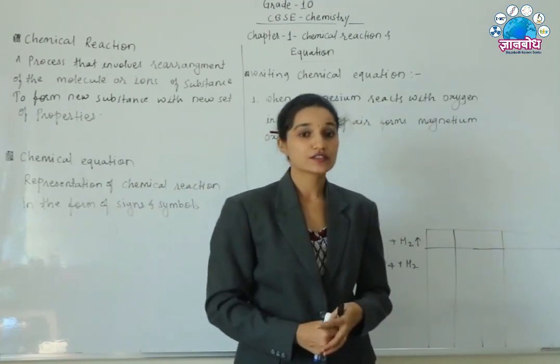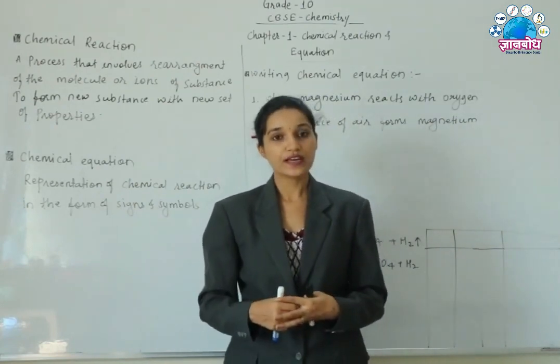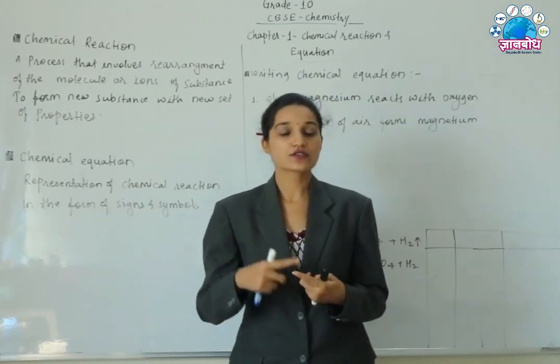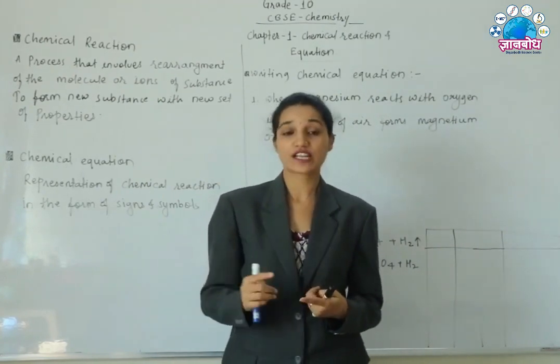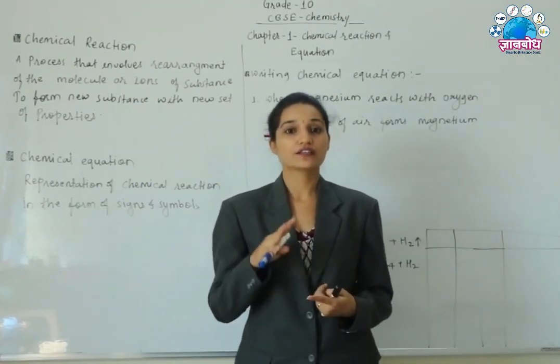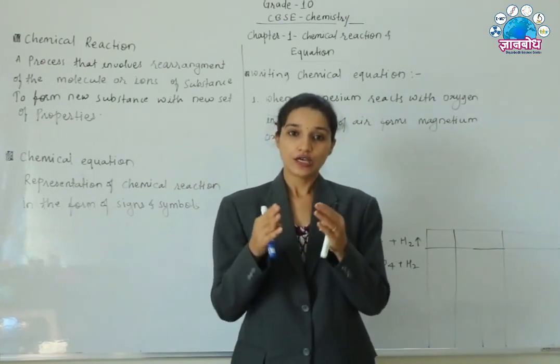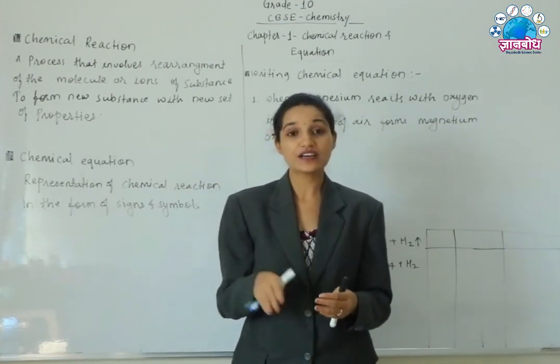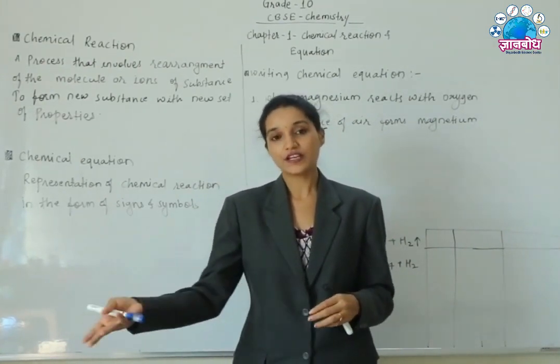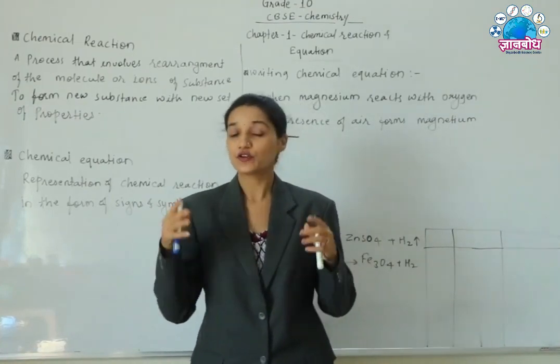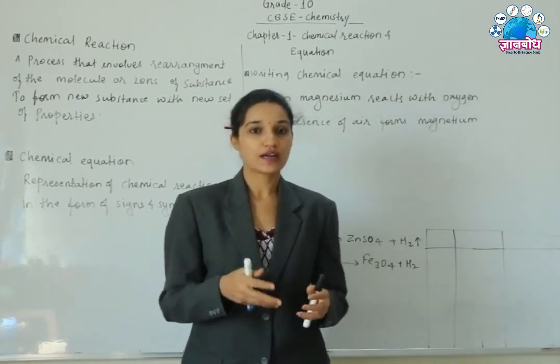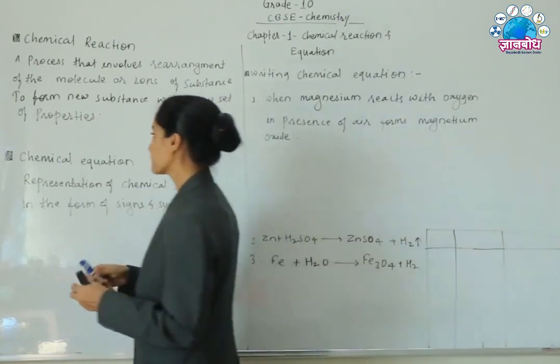A chemical reaction is the process where atoms, ions, molecules, or sometimes radicals can be rearranged, and after the rearrangement there is formation of a new substance. Let's take an example here.